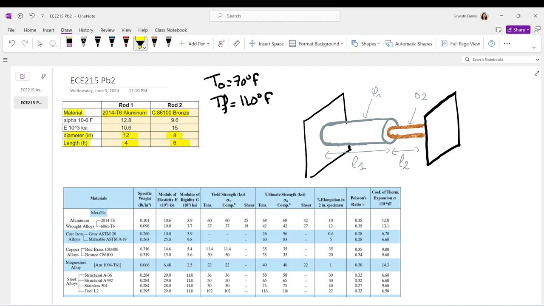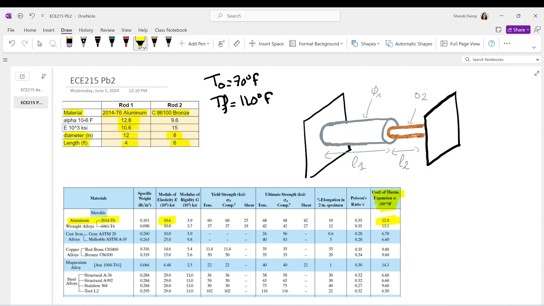So we have the 2014-T6 aluminium. In that table, we will grab E, the Young's modulus, which is 10.6 there. And we will need the coefficient of thermal expansion, 12.8.